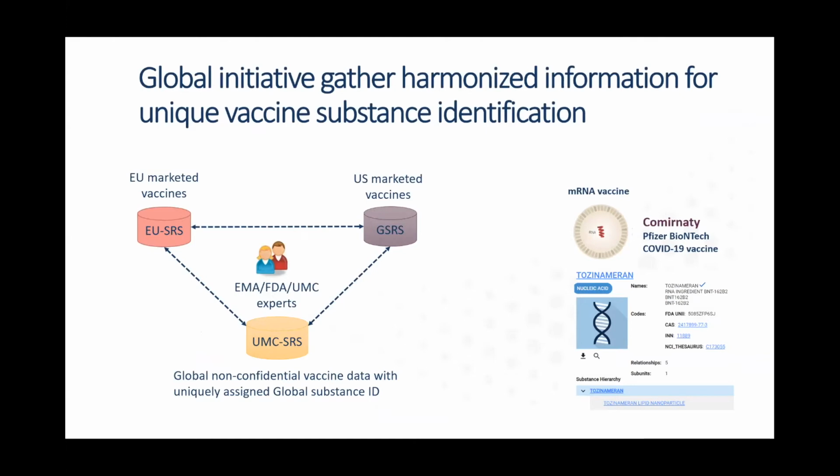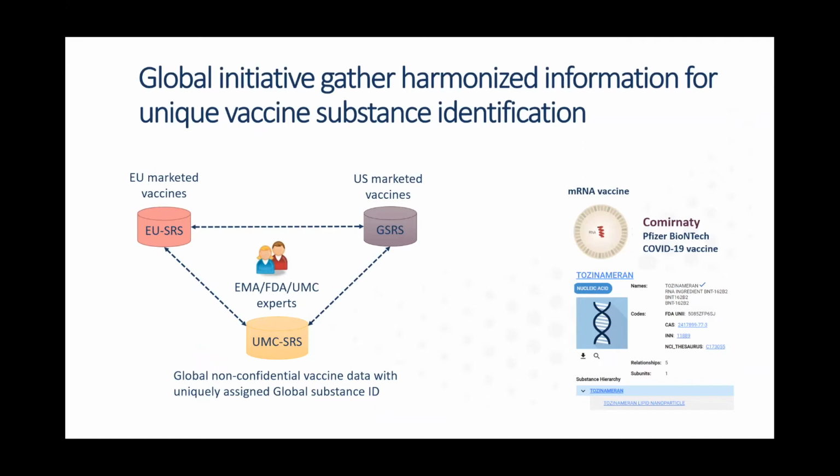we also, of course, have the substance information, which have a great need for harmonization, especially for the vaccines. As you know, the vaccines are very complex compared to other medicinal products, and therefore we need to agree on a global level on this information.